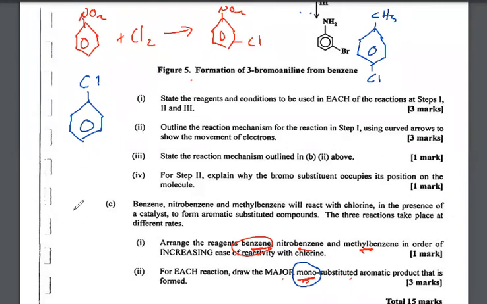When it's just the benzene ring, then you can put it wherever you want. And if it's methyl benzene, you can put it at either ortho or para.